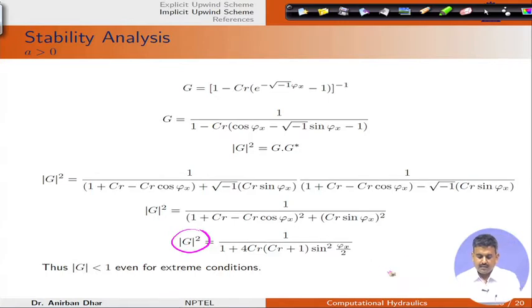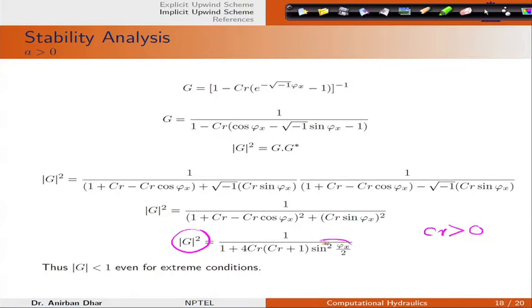In this case, we can see that CR is always positive. A sine square of phi x by 2 is always positive. So, CR plus 1 is positive, CR is positive.